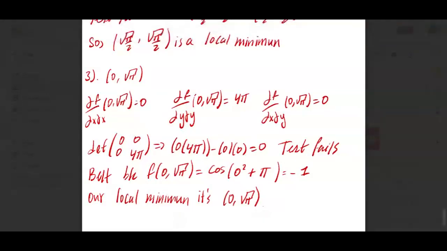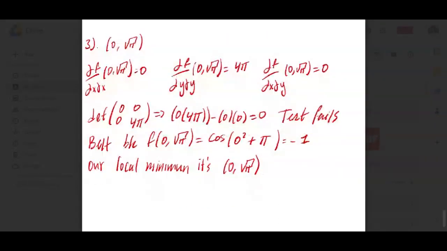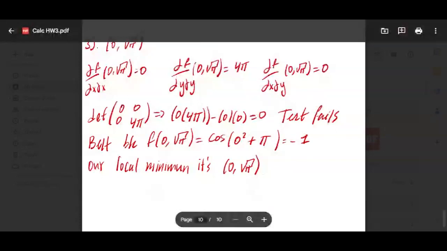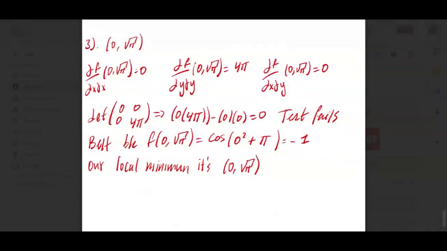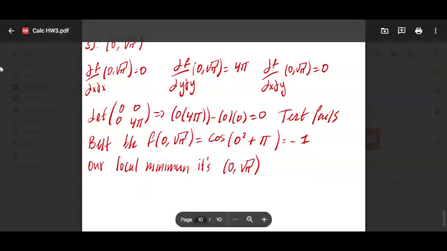I took the determinant, ended up with 0. Once again, the test failed, and then I plugged in our critical points into my function. I ended up with it being -1. So we ended up with a local minimum at 0 comma square root of pi.